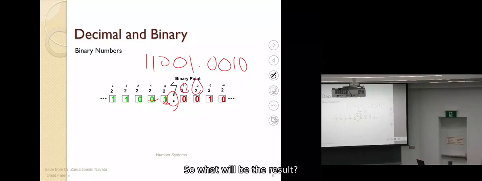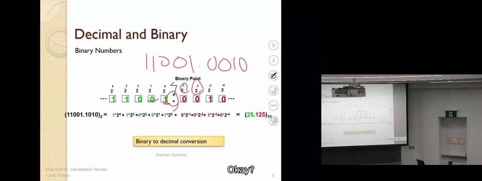So what will be the result? Okay. 1 times 2 to the 0. 0 times 2 to the 1. 0 again. Then 1, 2 to the 3, and this one 2 to the 4.